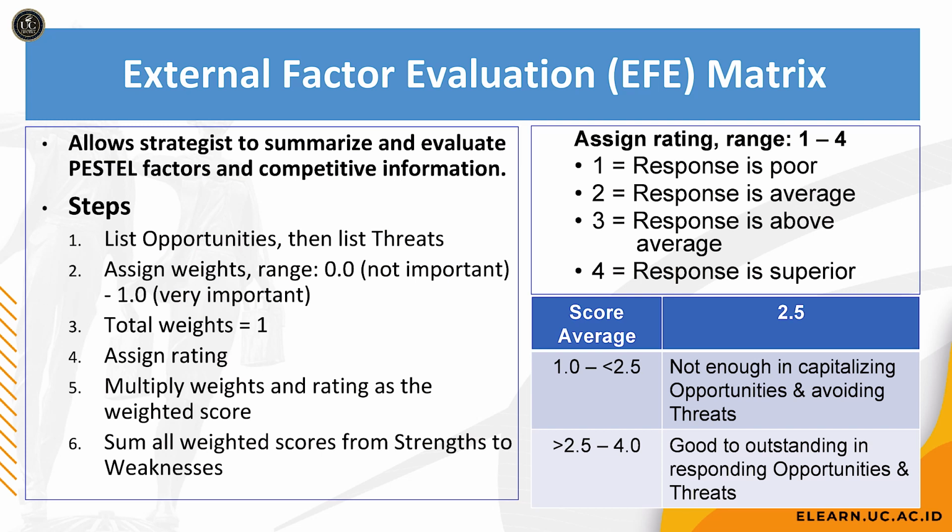And then you can assign ratings as well. The rating ranges from 1 to 4, but the meaning of the rating is a bit different compared to the IFE matrix. In this matrix, number 1 means that the response is poor, meaning the company's response towards external factors such as opportunities or threats is poor, with no response at all or a very delayed response.